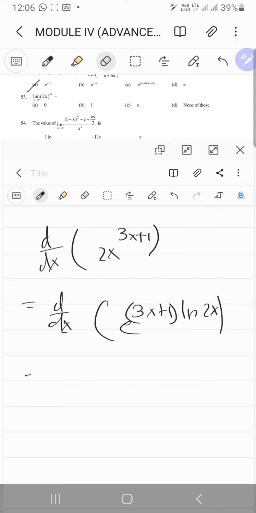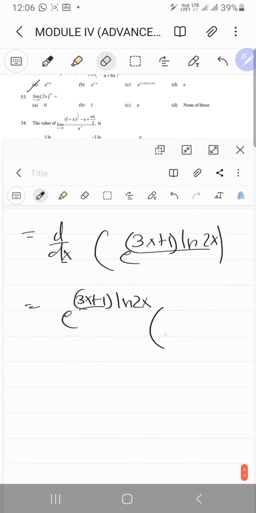Now it's easy. This should be e to the 3x plus 1 times natural log of 2x times the derivative of all this stuff. So the derivative of this thing is 3, so it should be natural log of 2x plus, what's the derivative of this thing? It should be 1 upon 2x, right? So 3x plus 1 upon 2x, but that thing times 2.